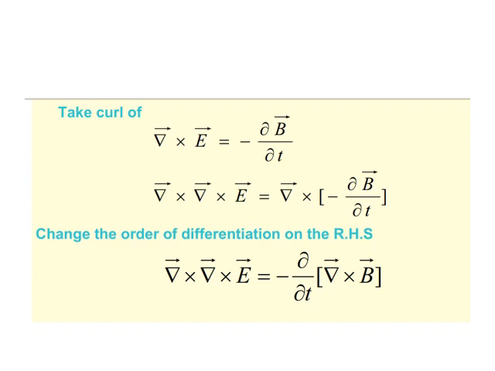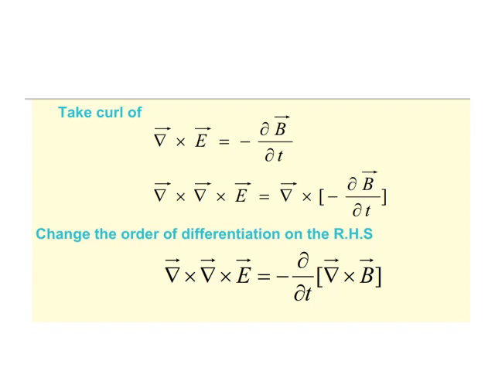The left side we keep as it is, del cross del cross E, is equal to minus dou by dou t into del cross B. Since B is a variable, it will change in this medium. B changes with respect to the x, y and z coordinates, and also with respect to time. That's why del is taken inside.